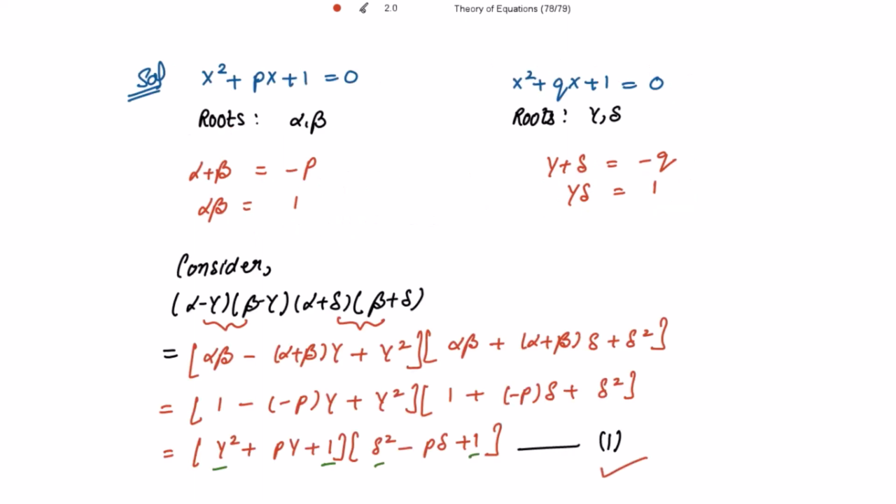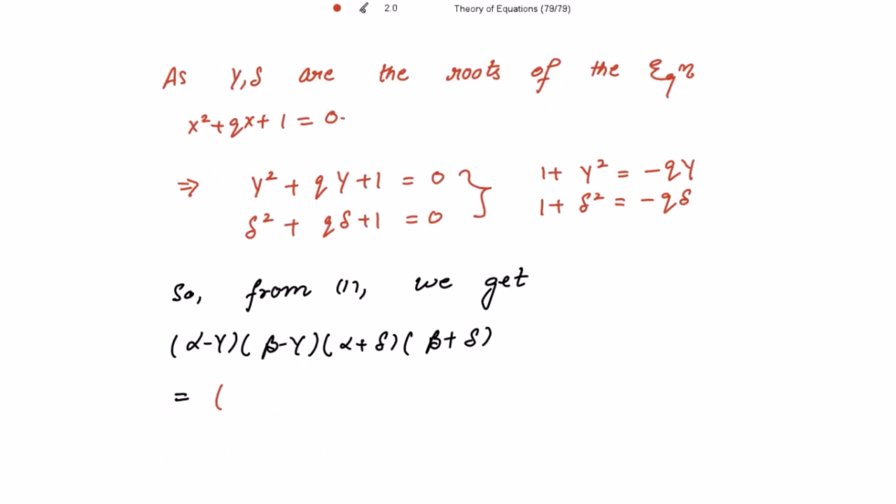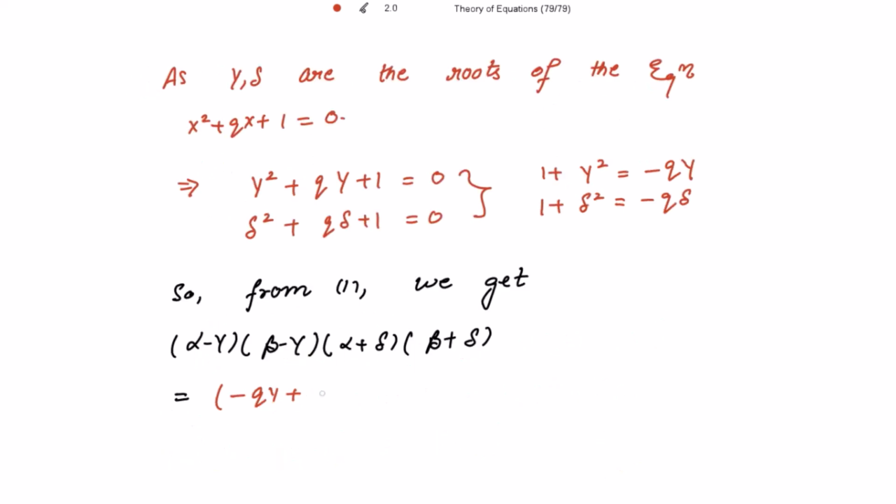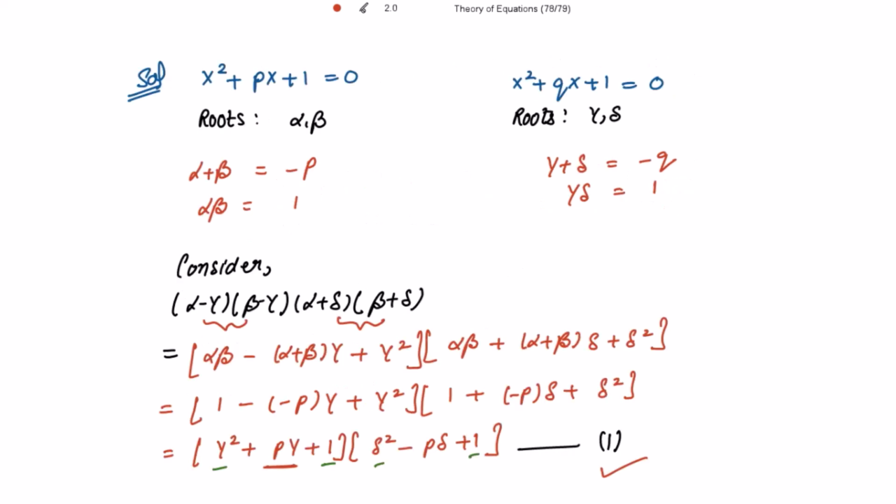So from this first equation, what we are getting, so this is equal to 1 plus gamma square, that is minus q gamma plus p gamma into 1 plus delta square, that is minus q delta minus p delta.